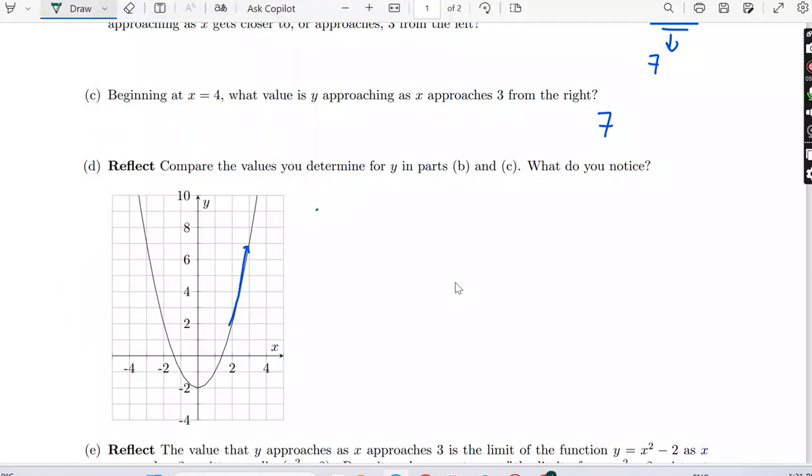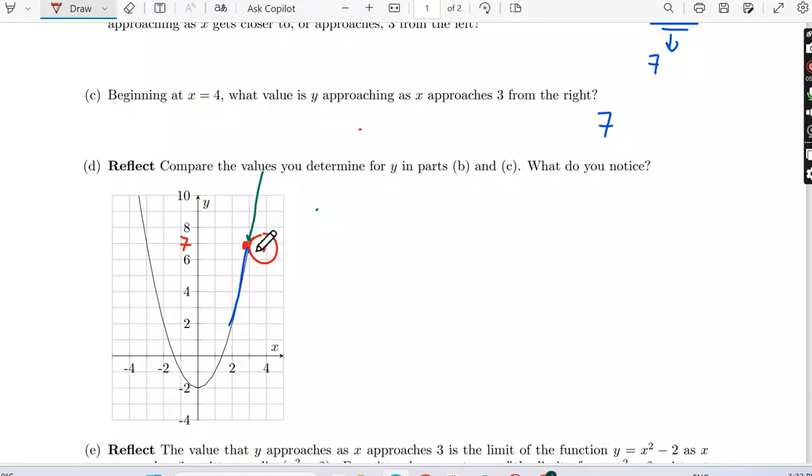And then now from the bedroom, when x is going from 4 to 3, well, what is it approaching? A y value of 7.